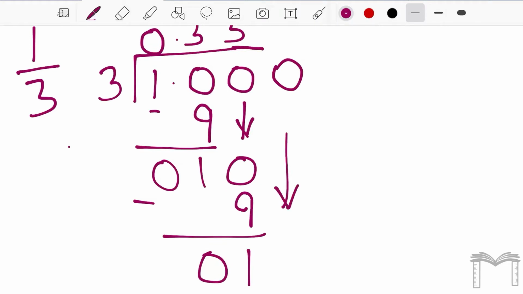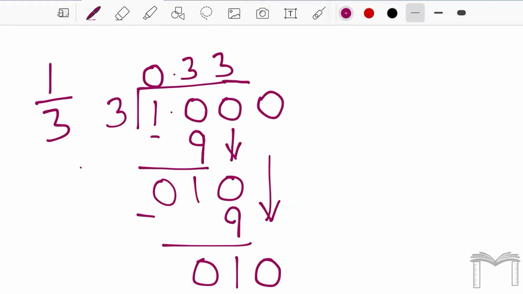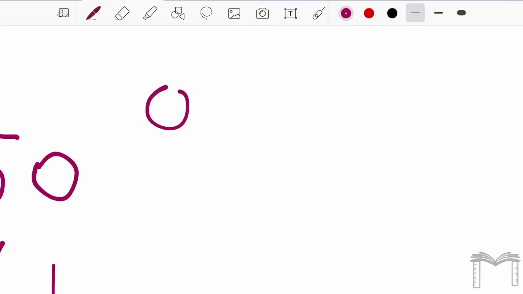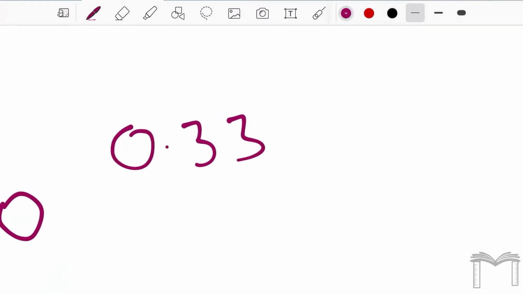We see that we will continue to get 3 into 10, and we will continue to get a remainder of 1 and a recurring 3 on top. So we can round off to 2 decimal places, so the answer will be 0.33 with a remainder of 1, and that's 1 over the divisor, which is 3, so that's 0.33 and a third.